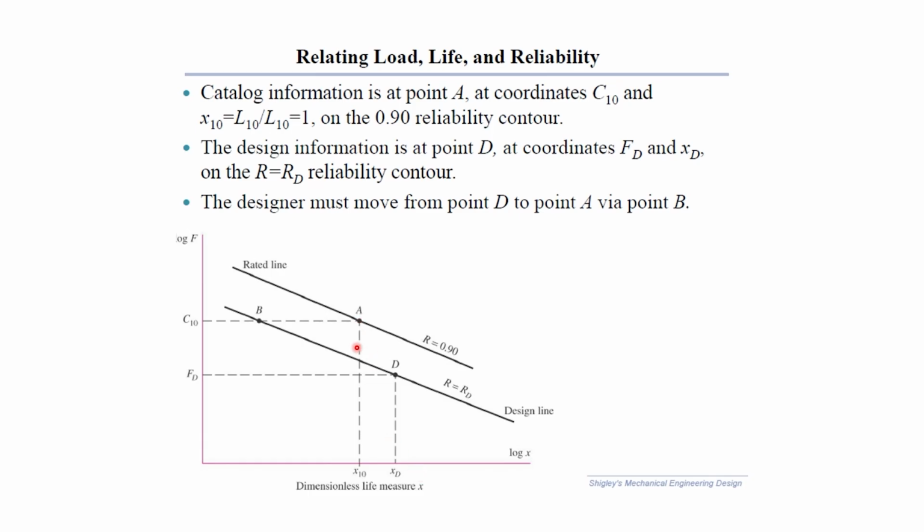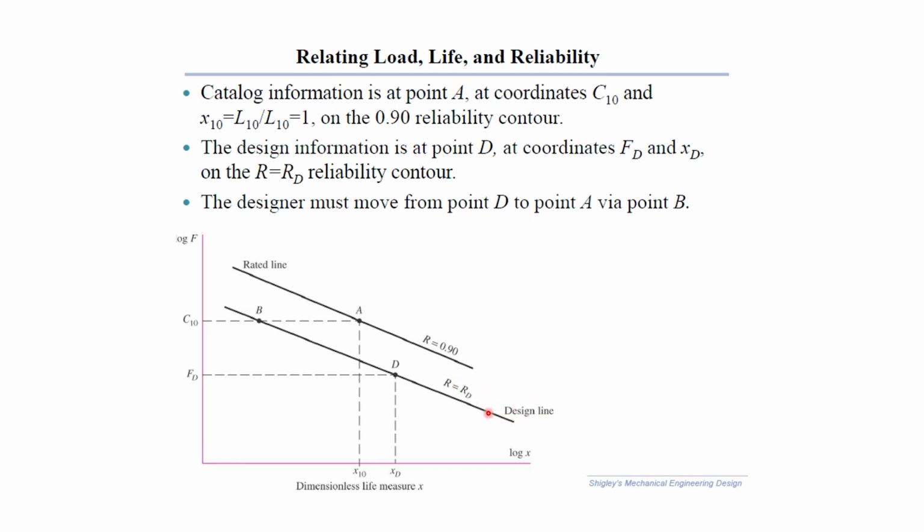If we are at point A, then it will be La divided by Lr. Lr will sometimes be called L10. Here, the rated line is there as per reliability 0.90, and this is the line corresponding to our required reliability of 99%.